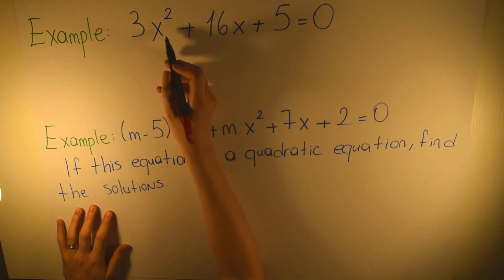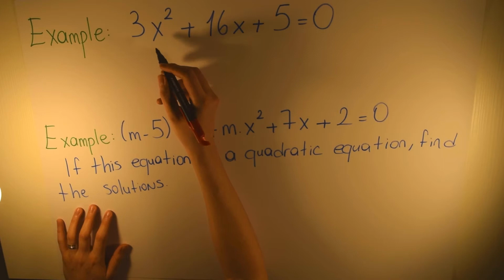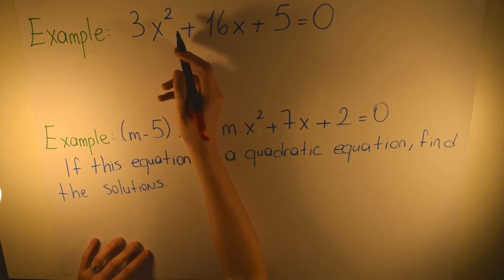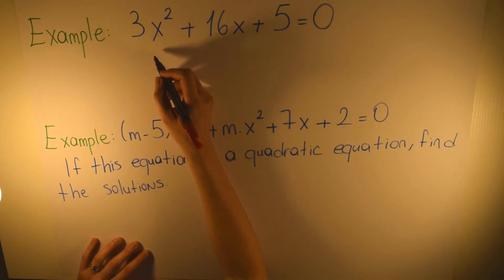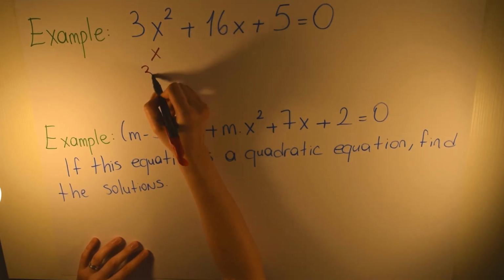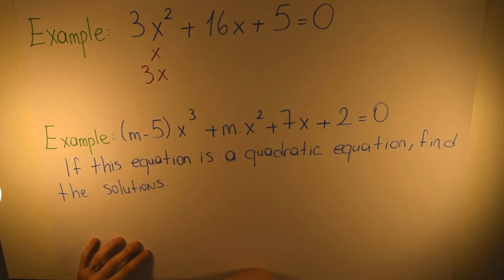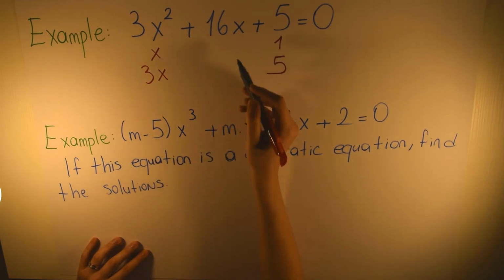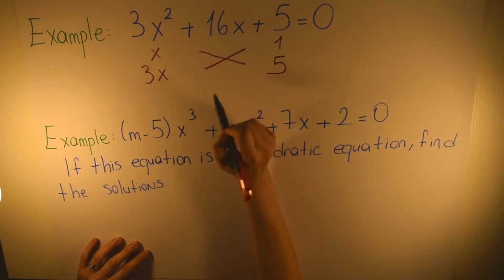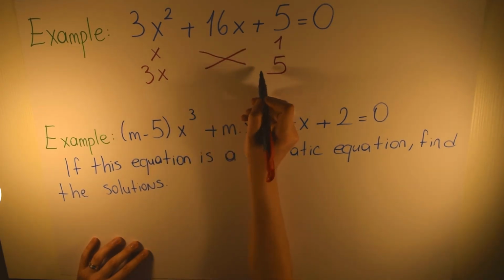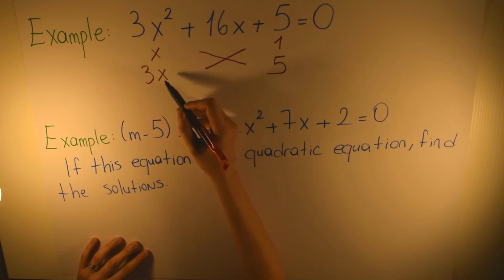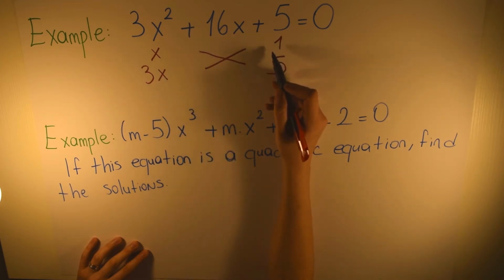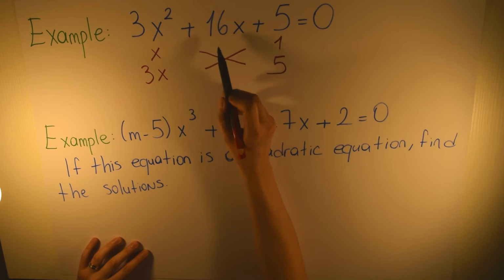Here we have 3x squared, and how can I factor this 3x squared? I can factor this as x and 3x, okay? 5 is 1 and 5. So when I cross multiply, I get 5x plus 3x, right? So I don't get 16x.